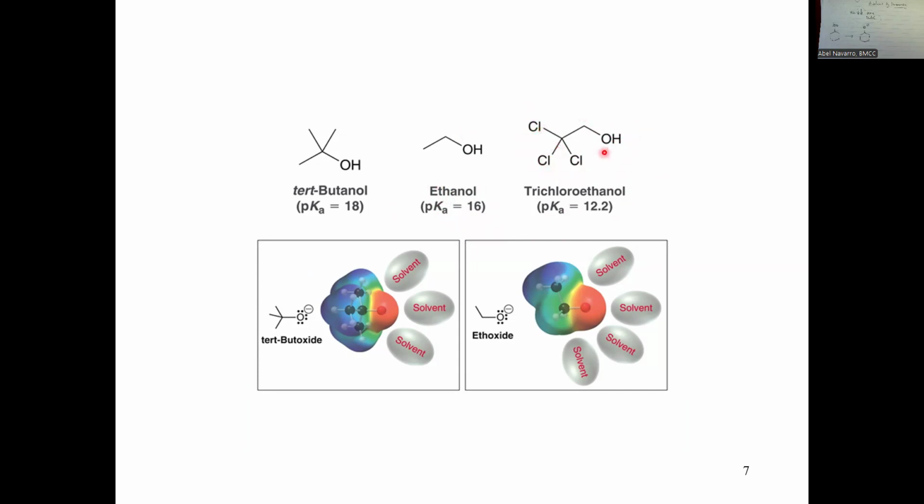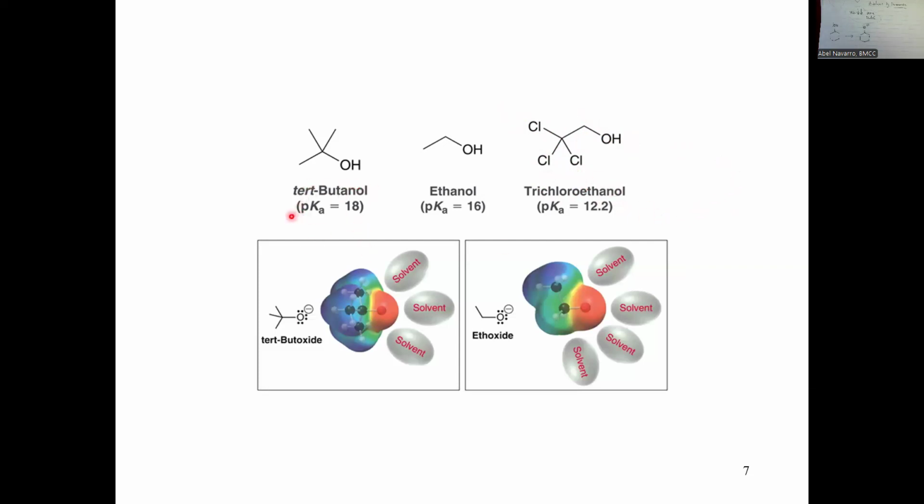The presence of chlorine by induction will bring down the pKa. Why? Because these guys are electronegative. If they're electronegative, they will pull electrons, and they will increase the polarity of the OH bond by induction. If the OH bond is more polar, that means that the compound will be more acidic.